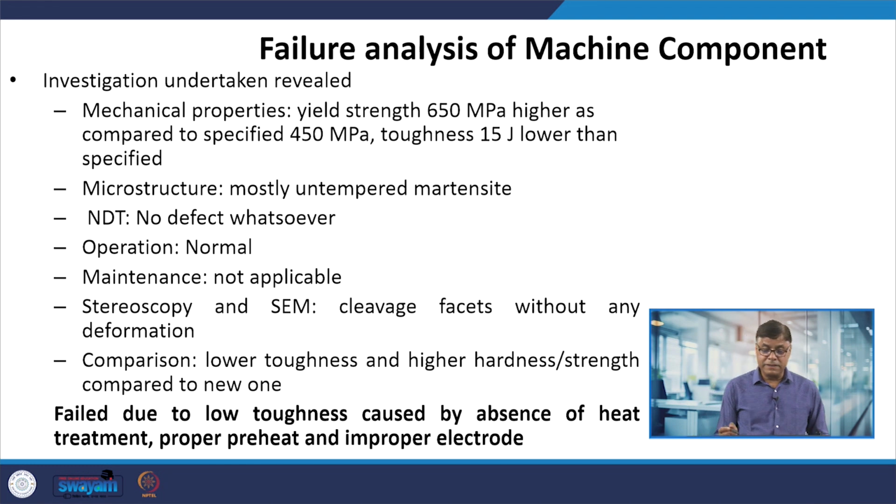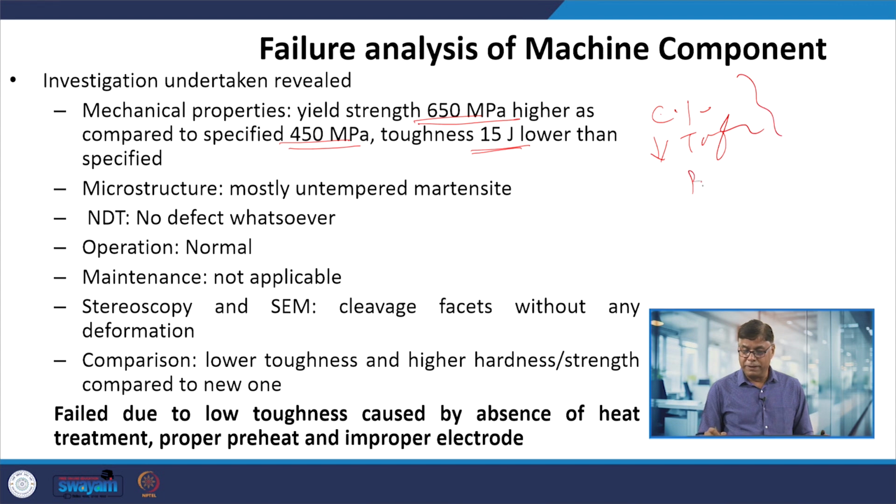Further investigation showed the weld strength was 650 MPa as compared to that of the 4 MPa as recommended, and toughness was significantly lower than the one which was specified. So, high hardness, high strength, high carbon percentage and reduced toughness, and brittle fracture.